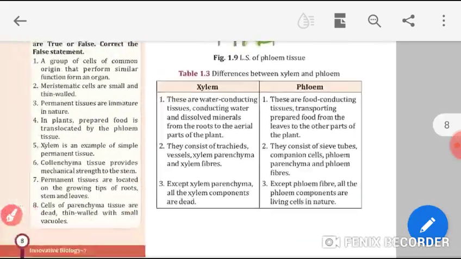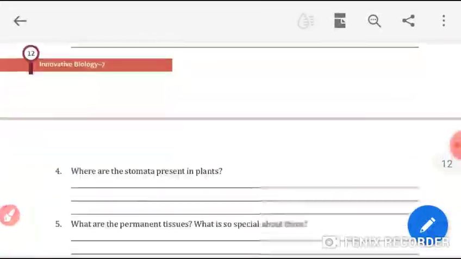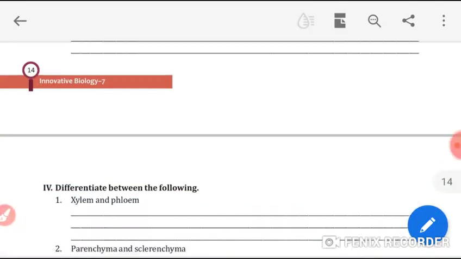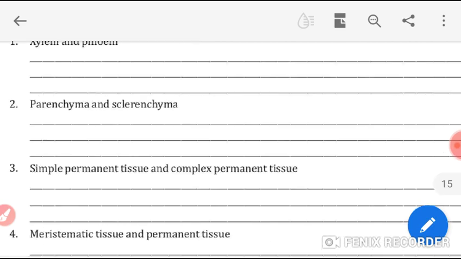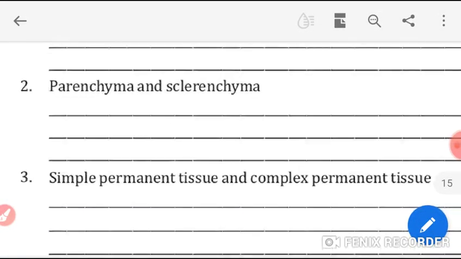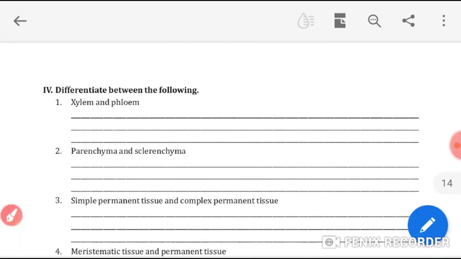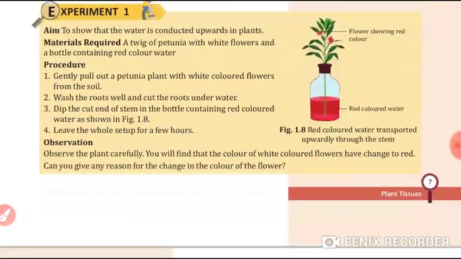Okay, students. Now come to our next question. The difference between parenchyma and sclerenchyma. This question you will find on page number 6.